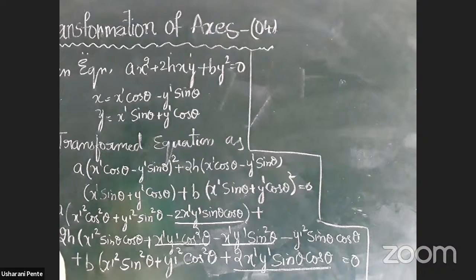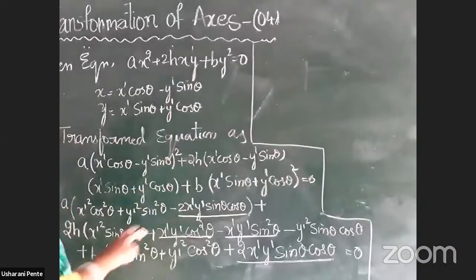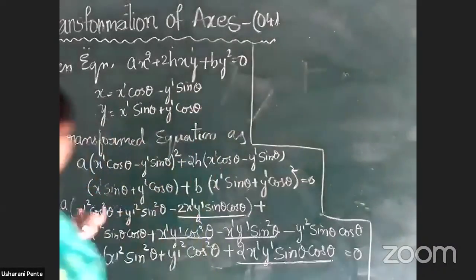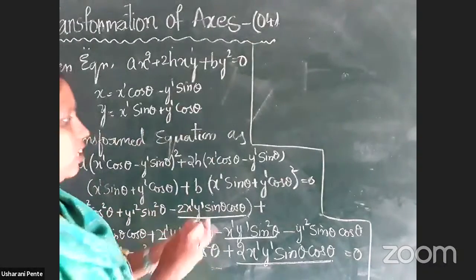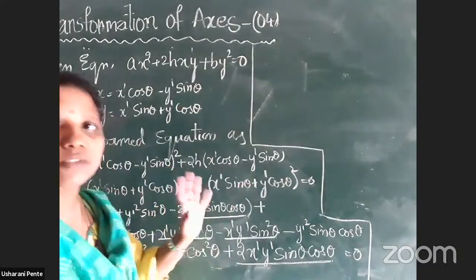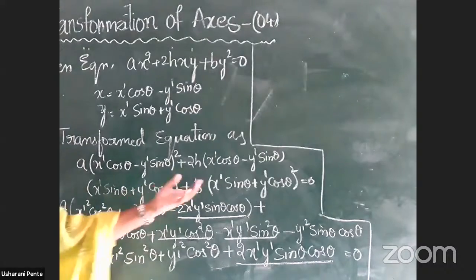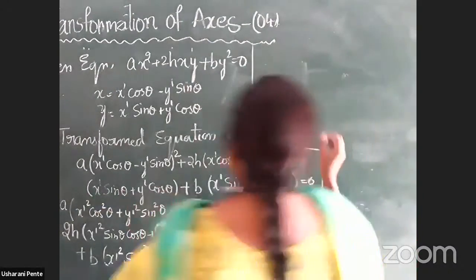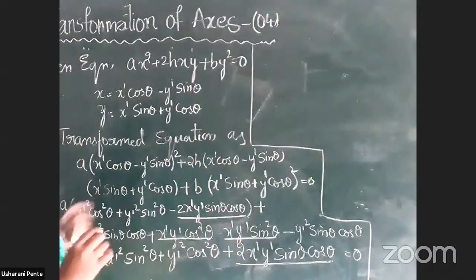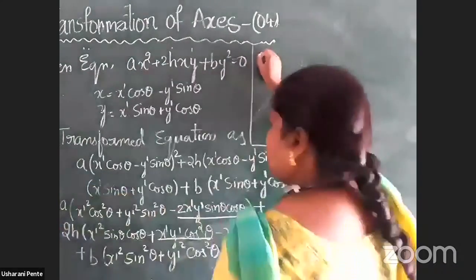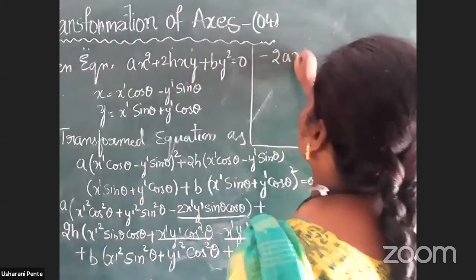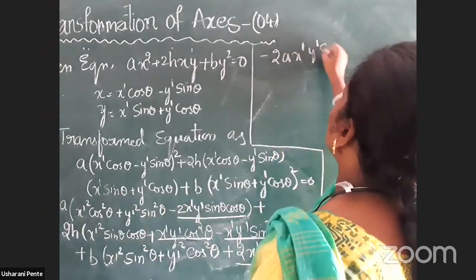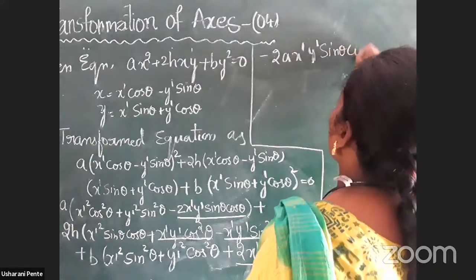Now we will write all those terms over here. We are just concentrating on the x dash and y dash terms. Therefore, we are writing it as minus 2a x dash y dash sin theta cos theta.